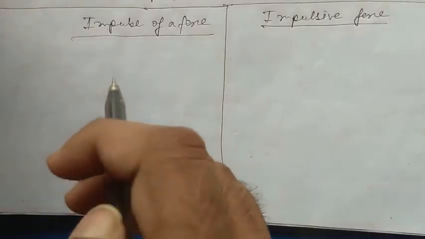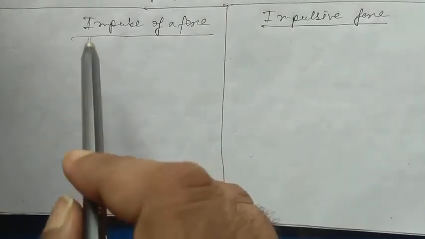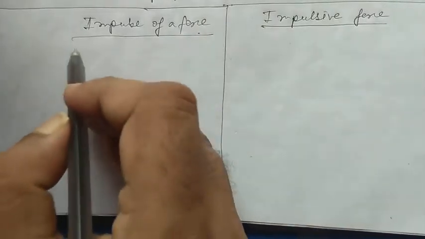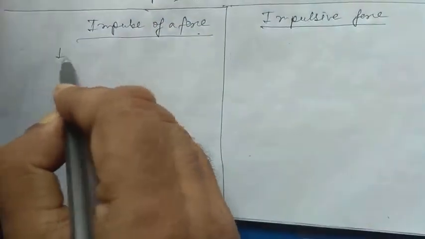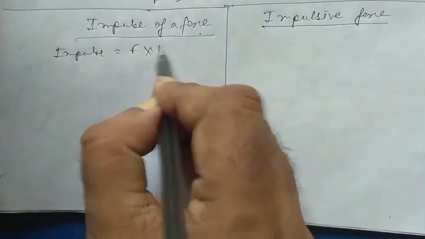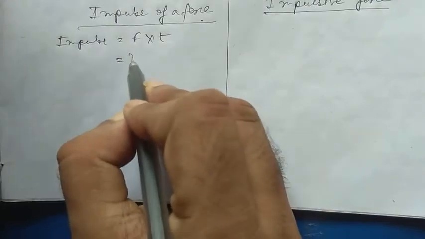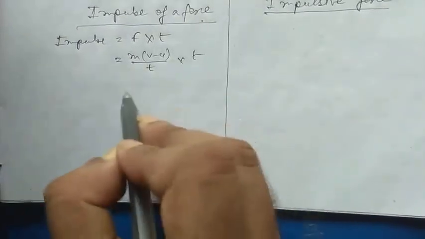Now we're going to start with a very important part of the second law, that is the impulse of a force. Now what is impulse of a force? Straightforwardly, impulse means the product of the force and the time. So what is force? Rate of change of momentum into time.